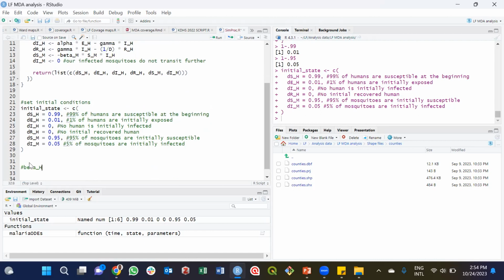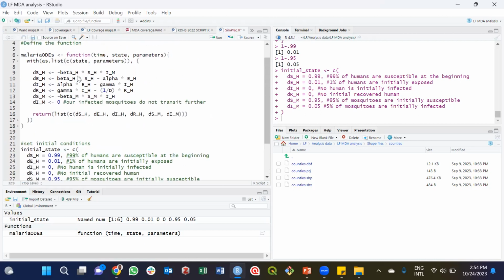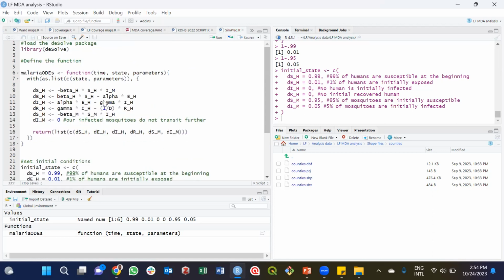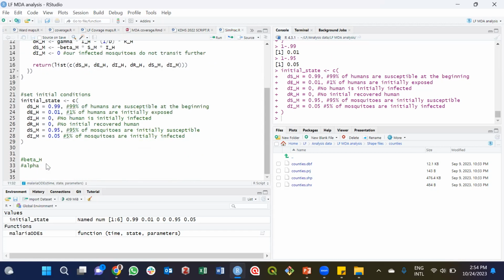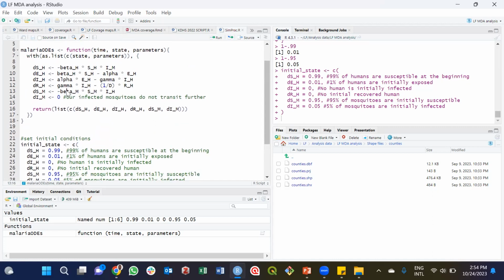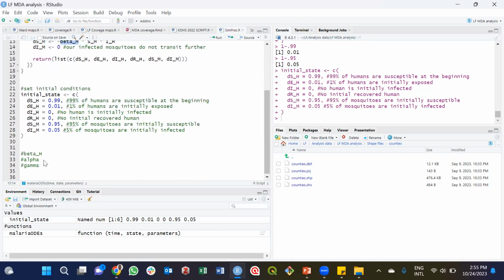So the parameters, we had beta. The next parameter, that's beta H, alpha. Alpha, sorry. And then after alpha, gamma. And after gamma, we have our D, duration, and we have our beta M, beta for mosquito.